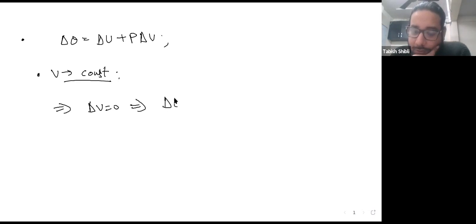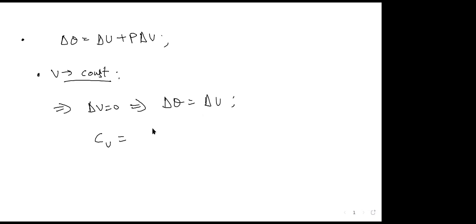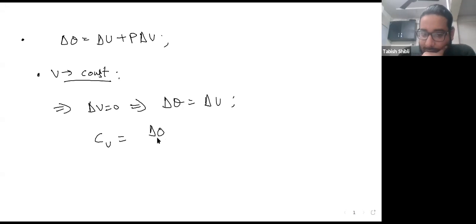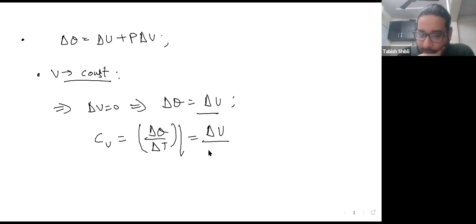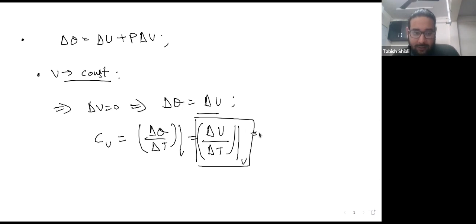This would mean that delta Q is just equal to delta U, right? Yes, sir. So what is Cv? Cv is just delta Q by delta T at constant volume, which is essentially equal to delta U by delta T at constant volume. So that is what your Cv is when my volume is constant.